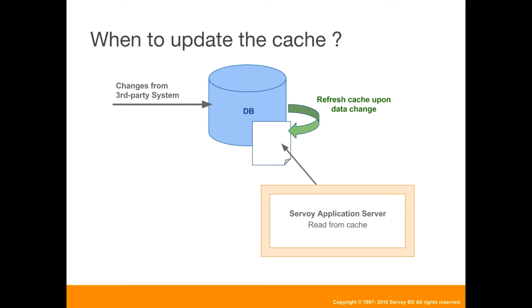Because of this setup, they had the situation where the legacy platform and the Servoy applications were talking to essentially the same database tables, a few tables. And so they really had to ensure that both applications were seeing the real, true picture of what's in the database.